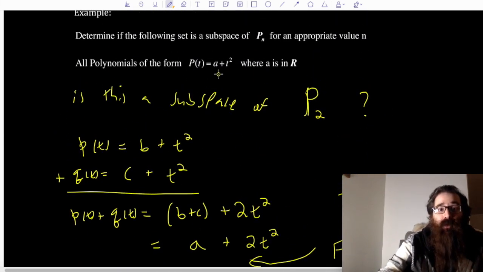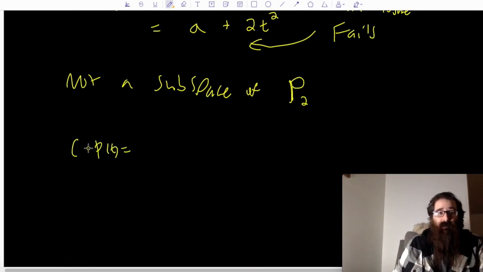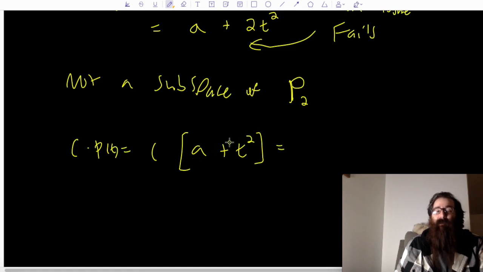If I take a polynomial like this and try to multiply by a scalar, so let's say c times p at t, which would be c times some polynomial of the form a plus t squared, it's really a similar argument. We'll say, well, distributing this in c times a, that's kind of fine. This is still a real number. But then c times t squared, I'm not allowed this unless c is 1.